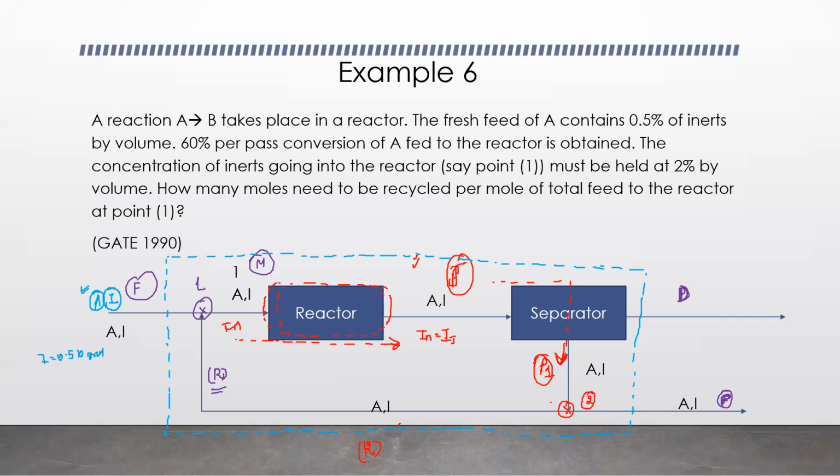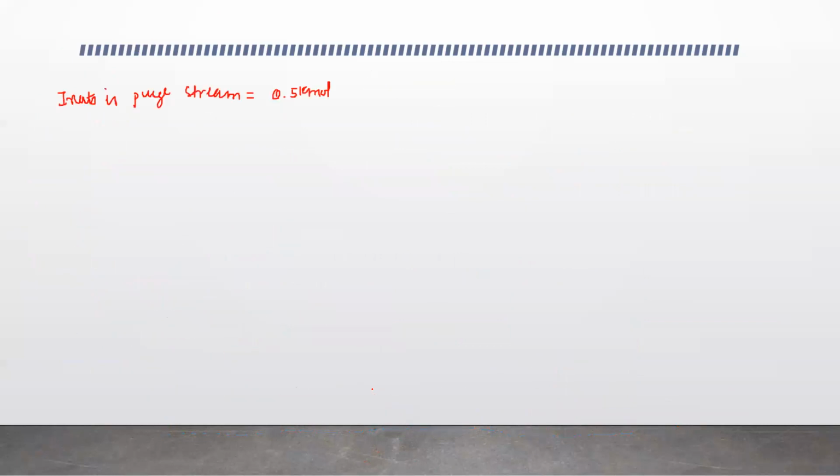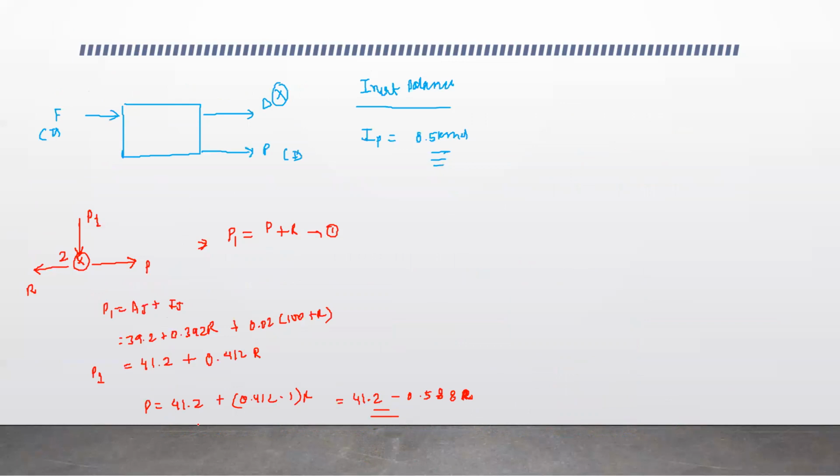So the composition of all the 3 streams is going to be the same, which means mole fraction of inerts in the recycle is same as mole fraction of inerts in the Purge stream. Similarly, mole fraction of A in the Purge stream is same as mole fraction of A in the recycle, right? So we can calculate mole fraction of inerts easily because A will have R more variables, so it is difficult to solve.